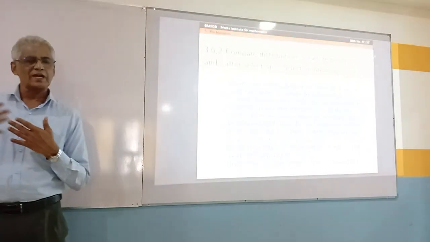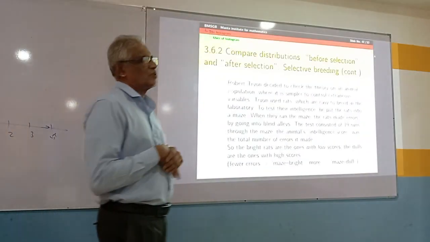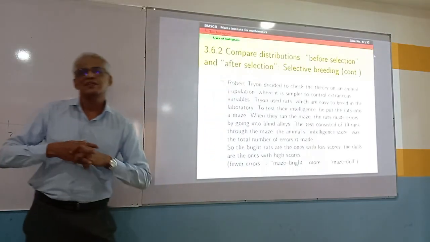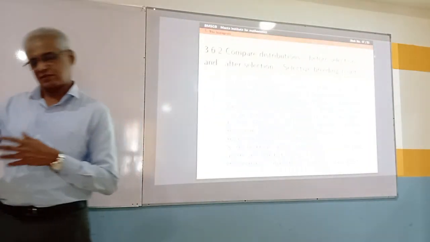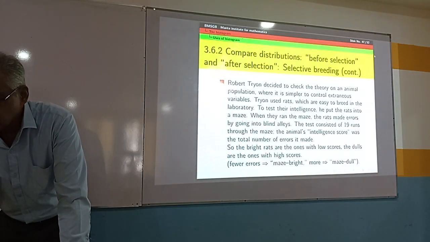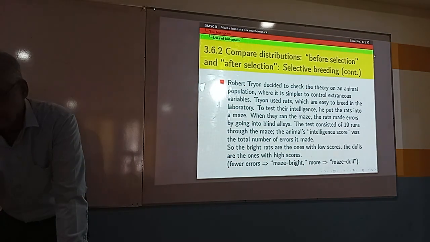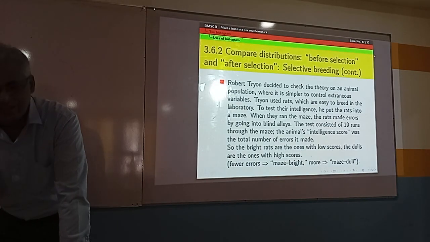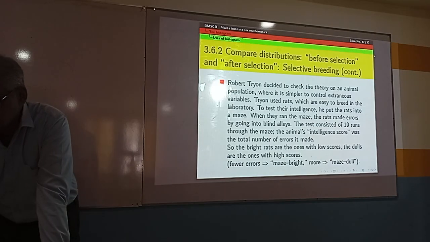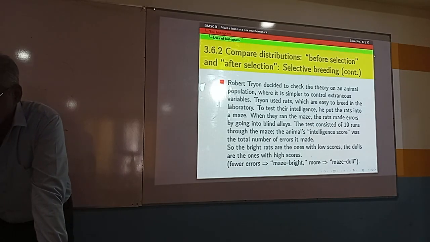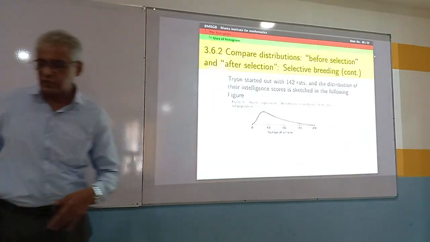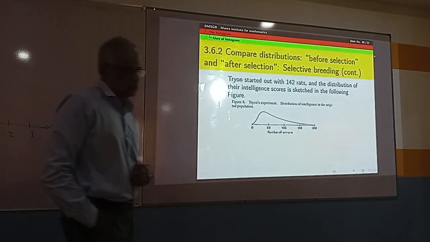So if some rat is making fewer errors, he is considered a kind of intelligent rat. The other ones are not like that. So few errors means we call them maze bright. At least for that maze they are bright, right? And more errors means maze dull. That's how they named it. So among the different animals, there were altogether 142 rats.